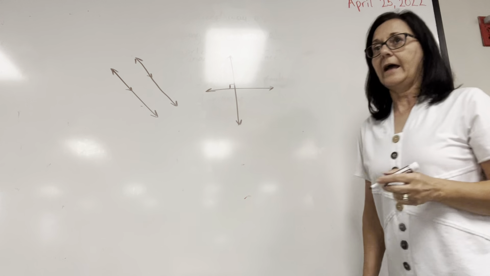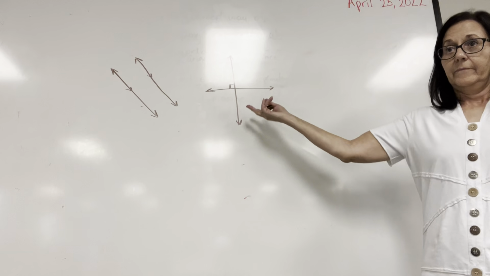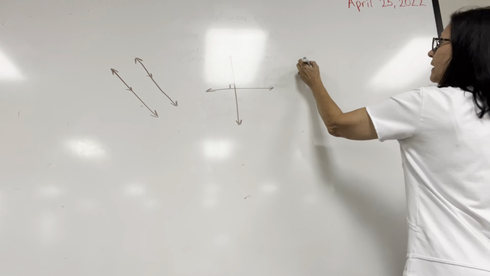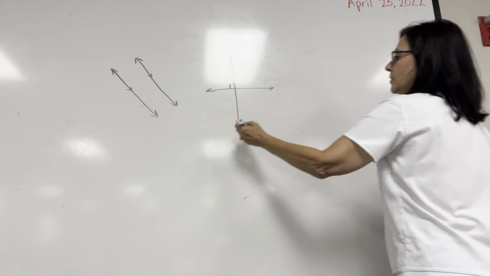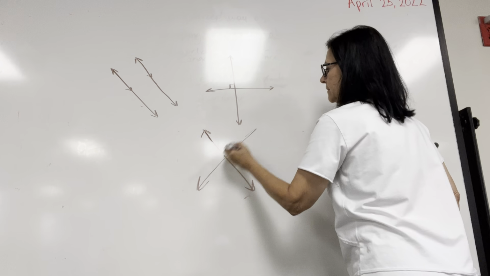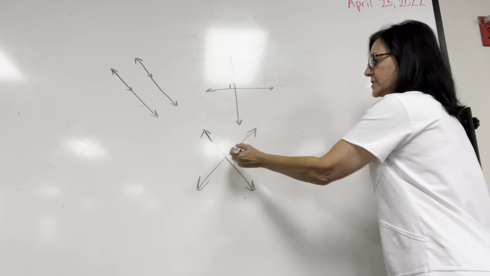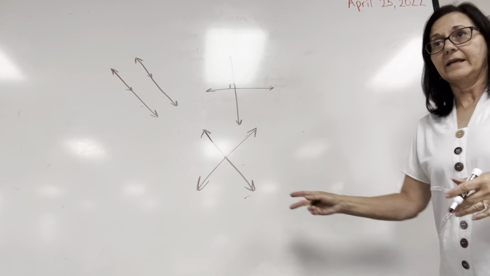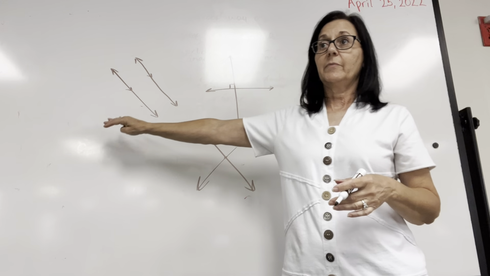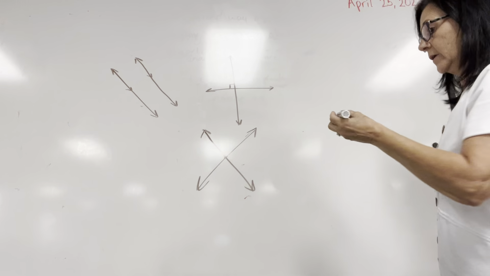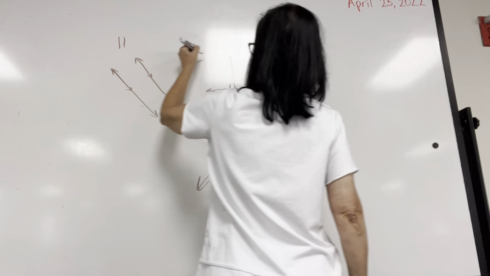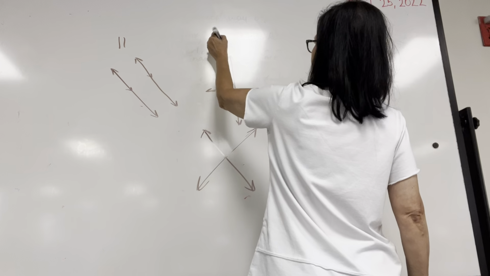And what do we know about that? Perpendicular, yeah. Closely related to this, lines can just intersect at any angle, right? They can intersect at a 90-degree angle. They can intersect anywhere. They can be parallel. Or they intersect.